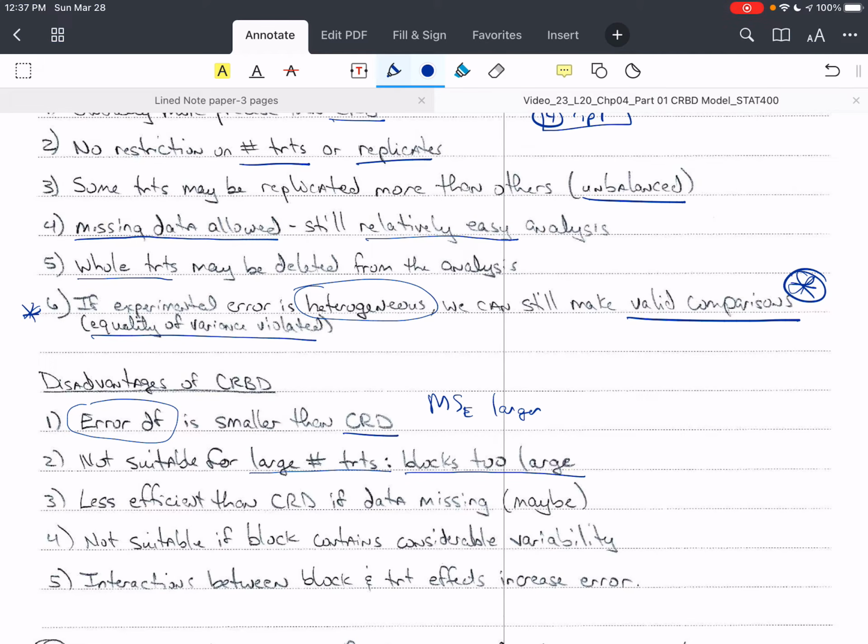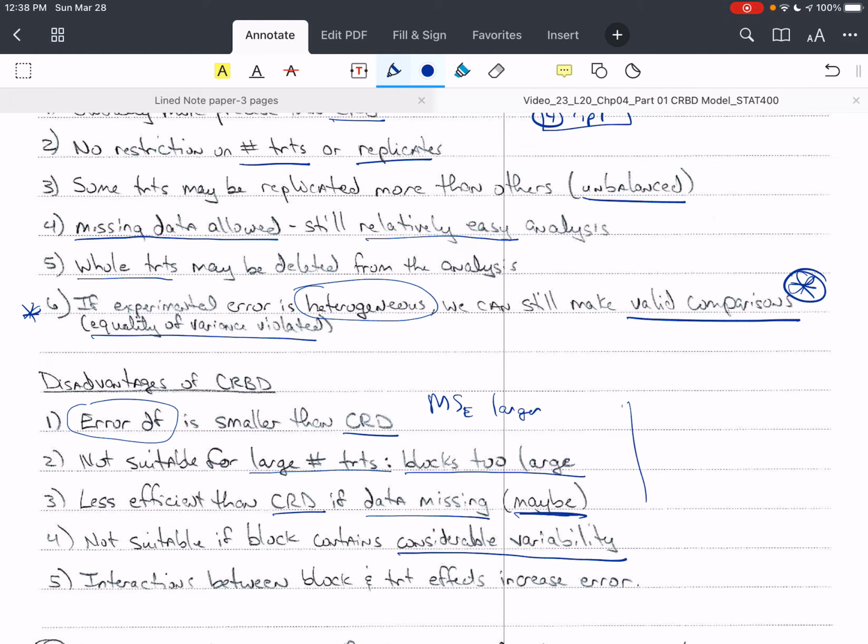Okay. It can be less efficient than the complete randomized design if we have data missing, and this is a maybe. Not always, but maybe. But it's something to know and something to be aware of. If you have missing data, you need to be careful. Okay, you may have less efficient results. It's not suitable if the block contains considerable variability. What does that mean?